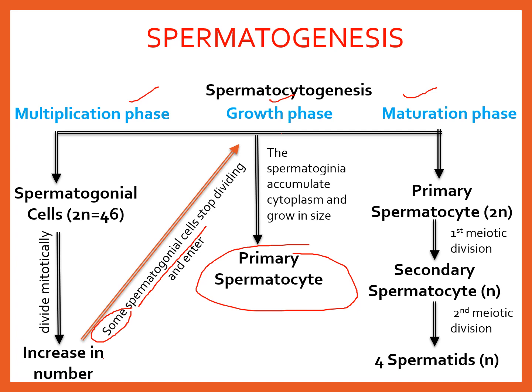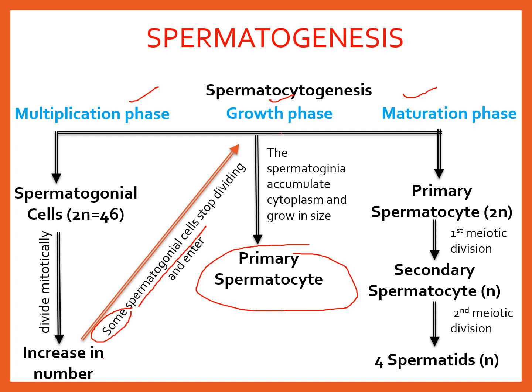In the multiplication phase, the spermatogonial cells, which are diploid cells, undergo mitosis and increase in number. Some of these spermatogonial cells stop dividing and they start growing in size. After they grow to a certain size, they go to the next phase, which is the maturation phase.